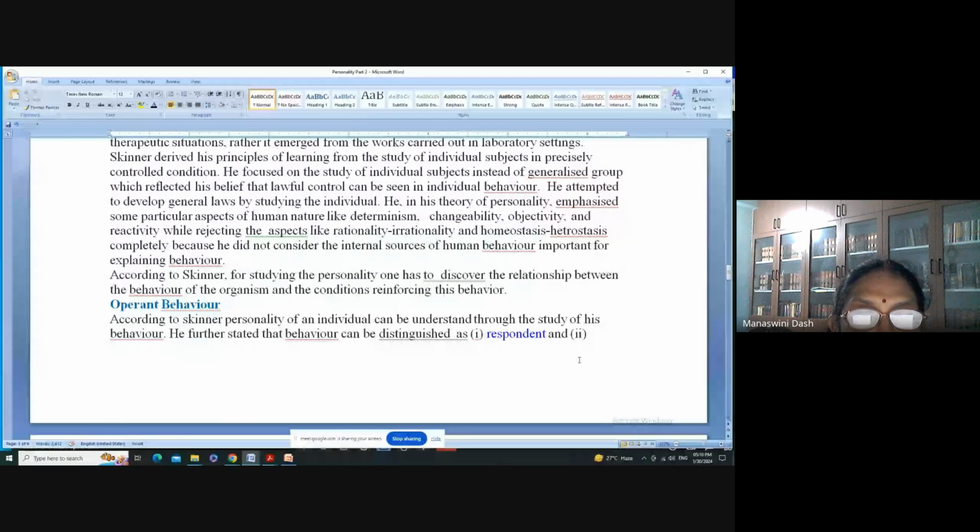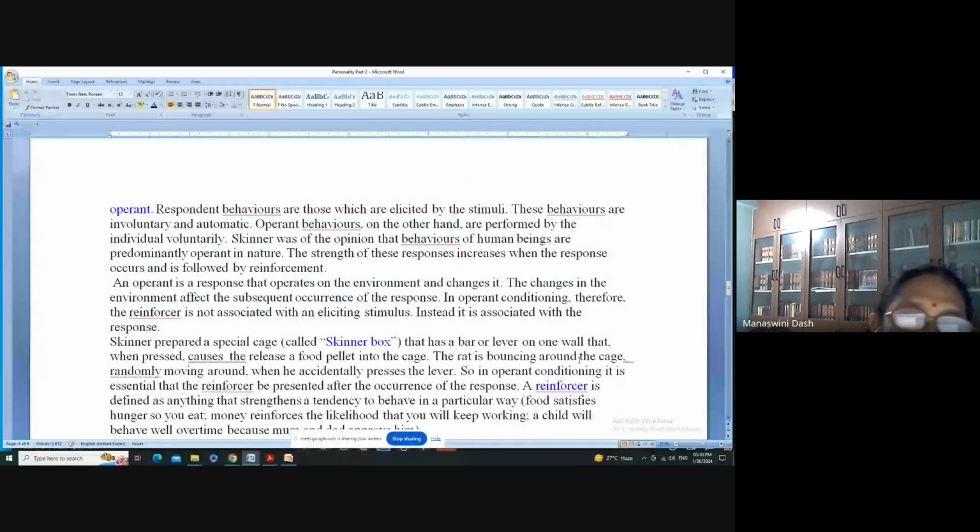According to Skinner, behavior can be distinguished as respondent and operant. Respondent behaviors are those which are elicited by stimuli. In Pavlov's case, salivation is a respondent behavior because it was elicited by the stimulus.